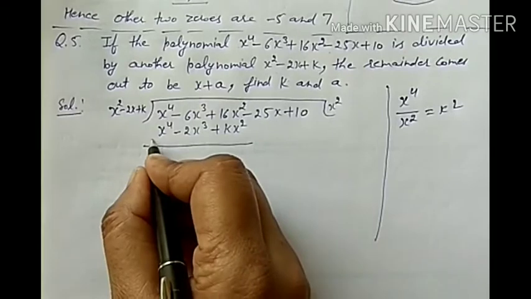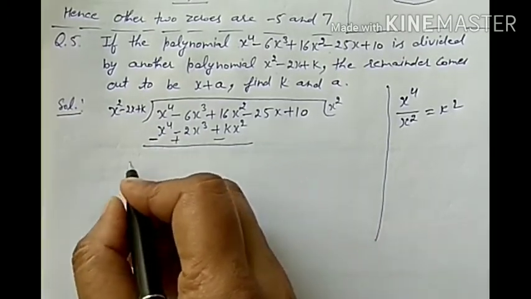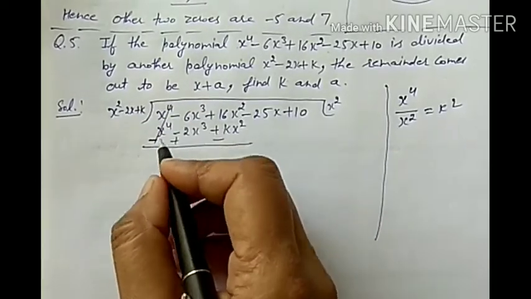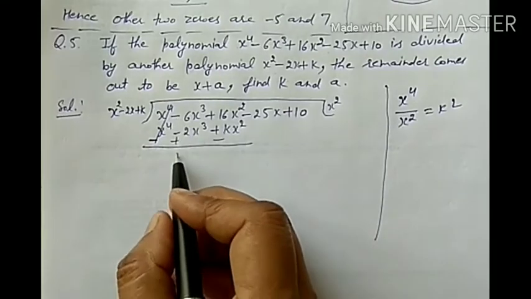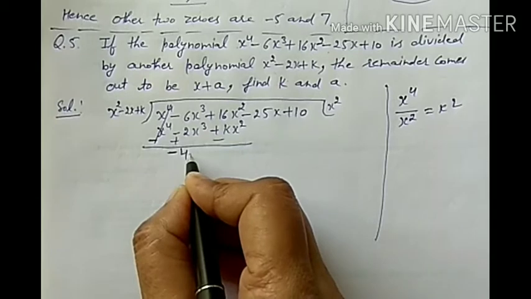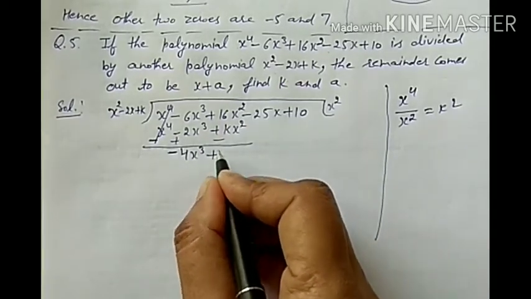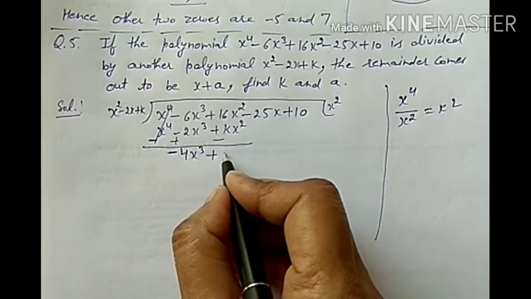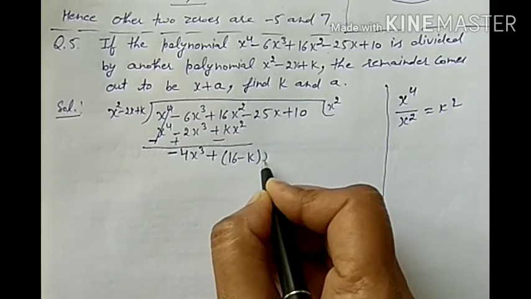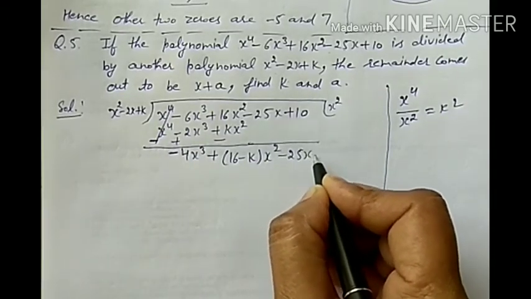So we subtract, and the down term's sign changes. Since these have same values but different sign, they cancel out. Minus 6 plus 2, sign of the bigger number and their difference, minus 4x cube, plus 16 minus k x square, minus 25x plus 10.